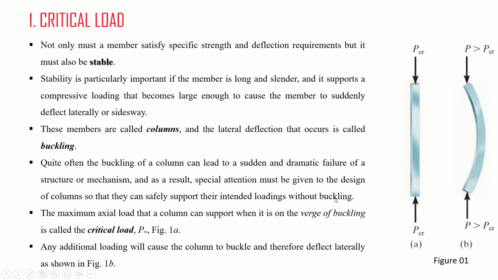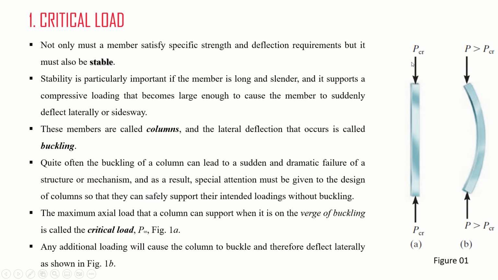Okay, so what is that load that it needs to safely support? Basically, this is the question, right? The maximum axial load that a column can support when it is on the verge of buckling is called the critical load. So this is a column and you have applied some load through its center or centroid, or center of gravity, and you keep on increasing this load.